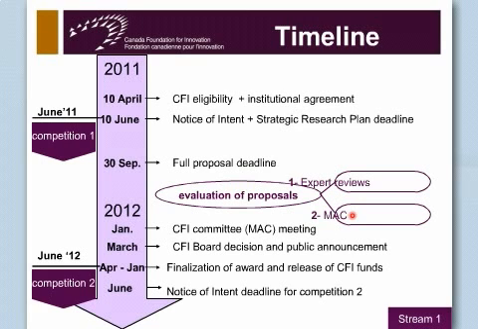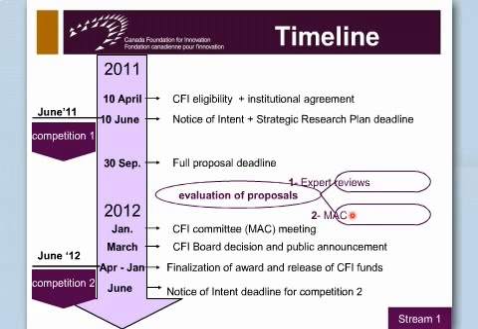So I see I have a question here, on the budget for the fund. I'm asked if the 20 million for stream 1 and the 5 million in stream 2 will be split between the 2 rounds of the competition. Well, yes, but the 20 million for stream 1 will likely not be divided in 2 equal parts.